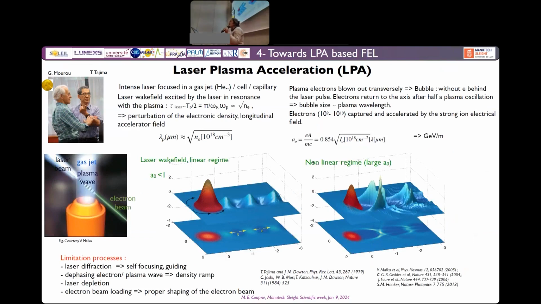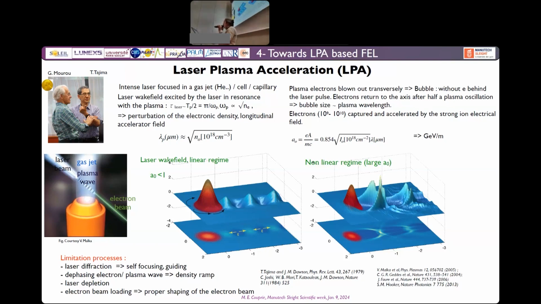So laser plasma acceleration was proposed in 1979 by Tajima and Dawson. They considered an intense laser focused on a gas jet or cell or capillary. And there is a laser wakefield which is excited by the laser, which is in resonance with the plasma, which induces a perturbation of the electron density and then creates a very strong accelerating field, as you can see here, in the linear regime or nonlinear regime.